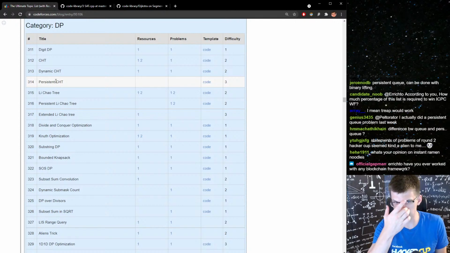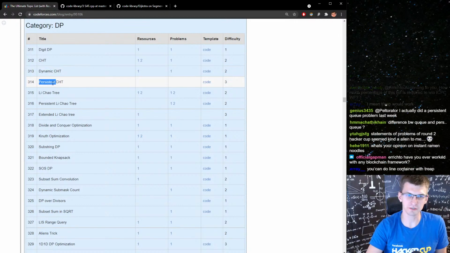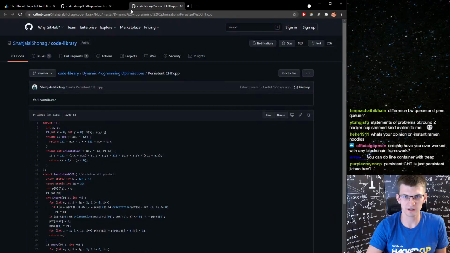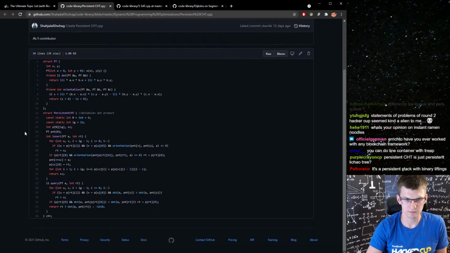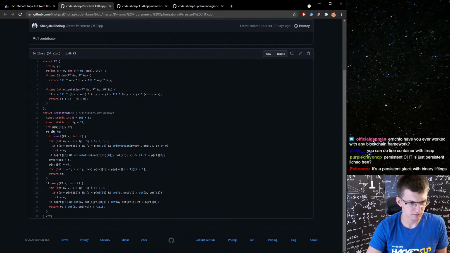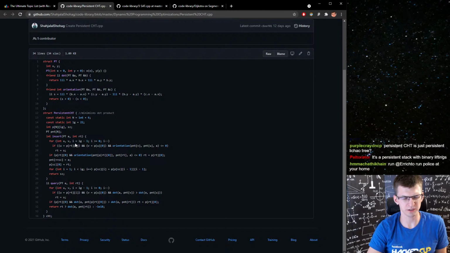So I can build a segment tree of convex hull. I would try to approach persistent convex hull in the same way. This seems to be very short. How do you fit persistency here? Persistent stack with binary liftings. Okay. Well, I see. Because convex hull trick is not really about a full convex hull, it's just about this stack thing.